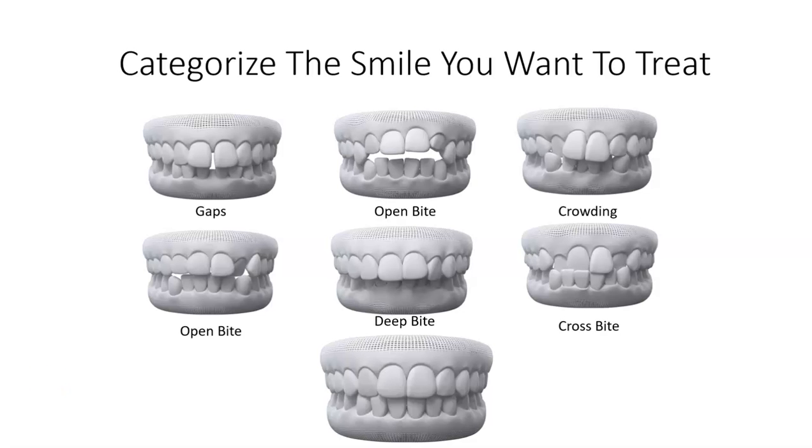So just remember, always categorize the smile you want to treat or the smile you're studying to know what your starting point is, and now you have a general idea what your final destination is: to have a beautiful smile where the upper teeth sit over the lower teeth. The upper teeth are covering only 20 or 30% of the lower teeth, and it's very simple.